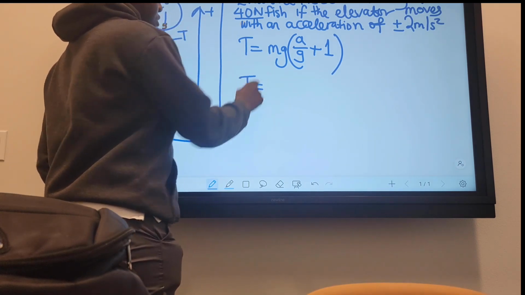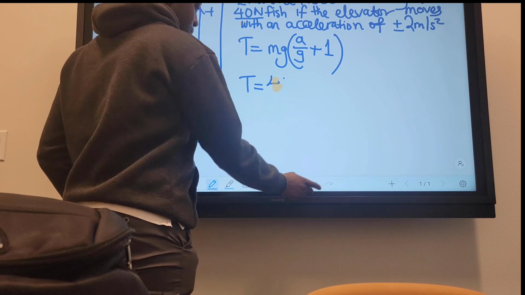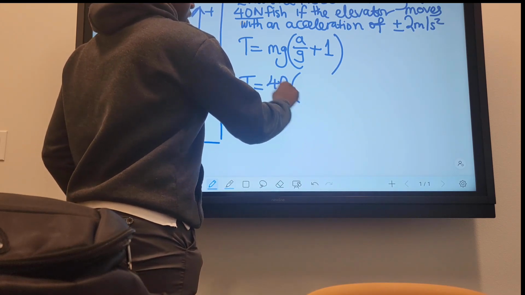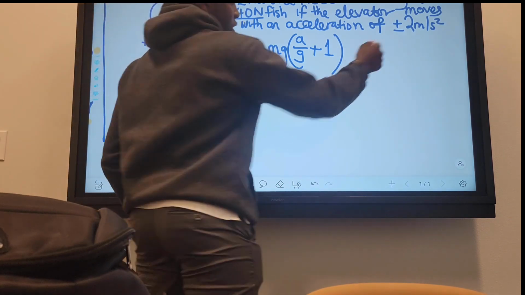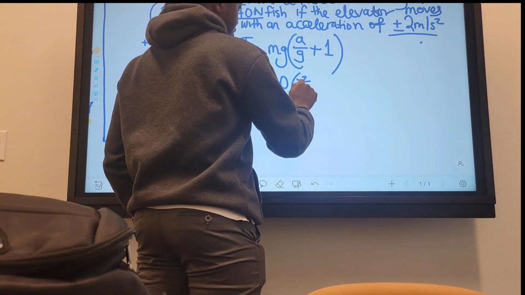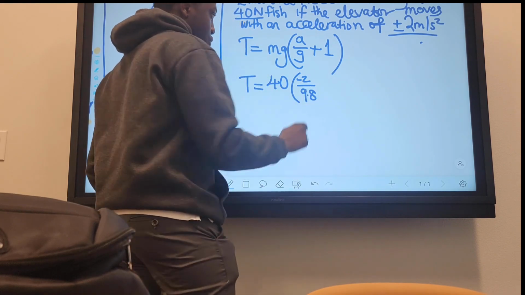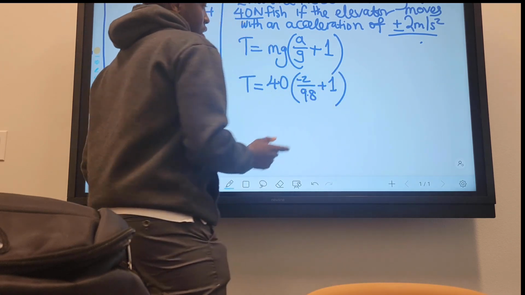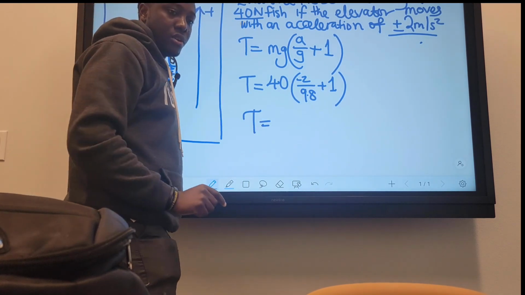The mass times gravitational force again has been given to be 40 newtons. And our acceleration, since we're going downwards, will be negative 2 meters per square second over 9.8, which is our gravitational pull, and that is a constant. It is not changing.